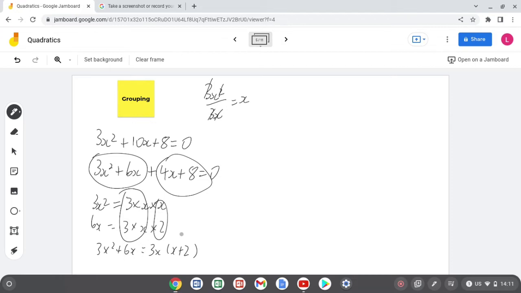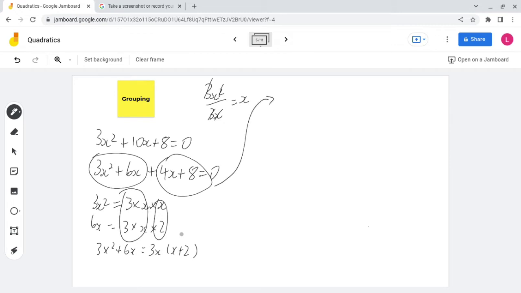And now we move on to 4x plus 8. So 4x equals 4 times x. And 8 equals 4 times 2. So if you look at them, they have a common factor as well, which is 4. So we can factorize that out, which would be 4 times x plus 2, right?